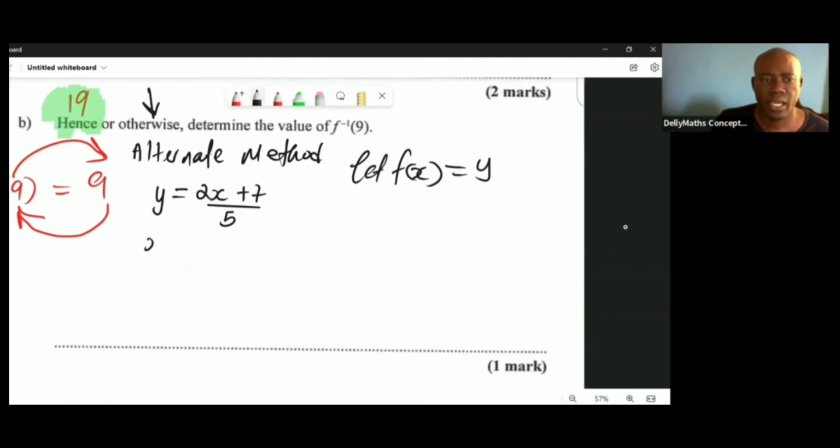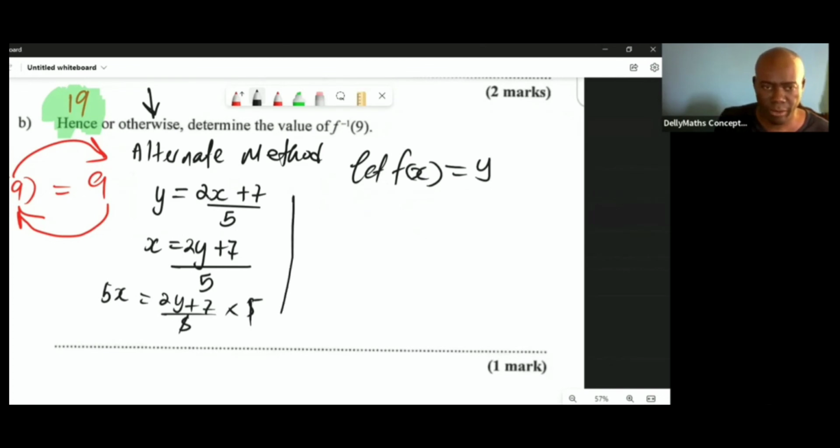So this means that x is equal to 2y plus 7 over 5. And then now we transpose for the new y. So we're going to multiply both sides by 5. So we'll get 5x, which is equal to 2y plus 7 over 5. It cancels. You could see that canceling right there.